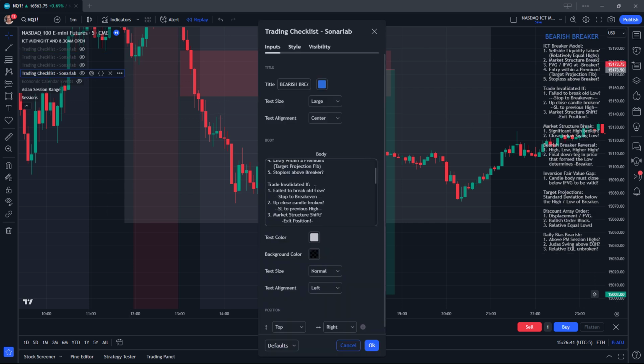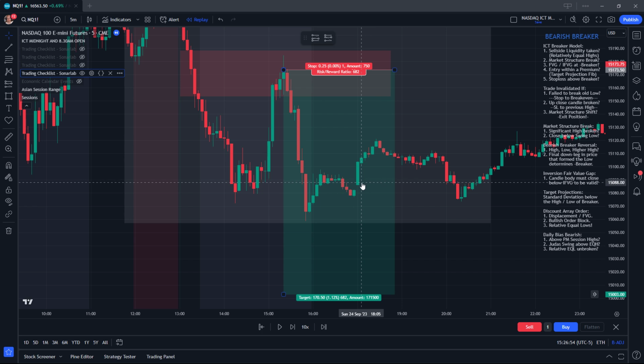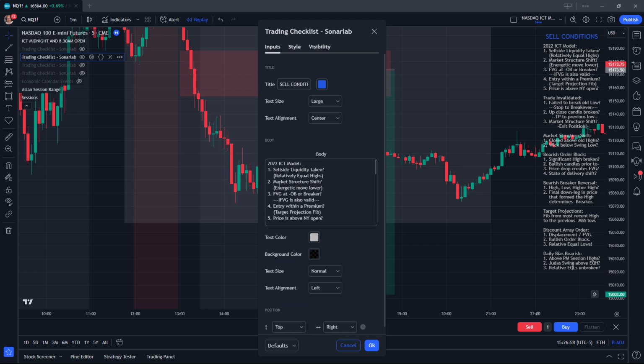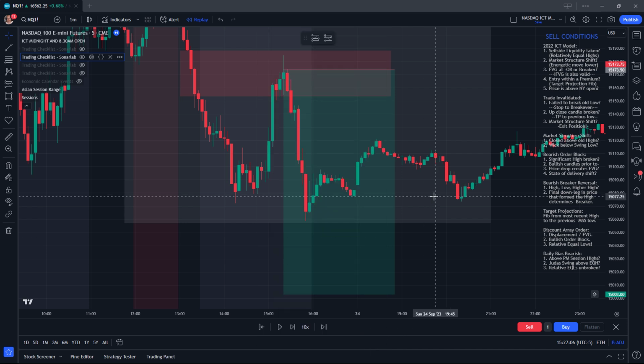Remember earlier I said that instead of putting the take profit to the last high, I'm actually putting the stop loss to the previous high. Let's just copy and paste that into here. Yep, okay, I think that's correct.